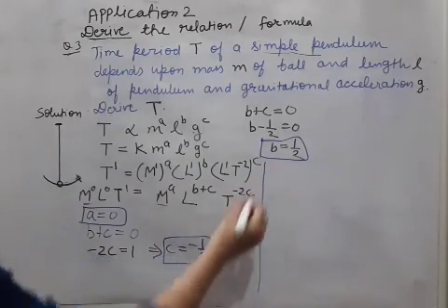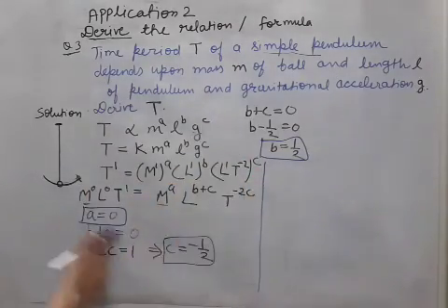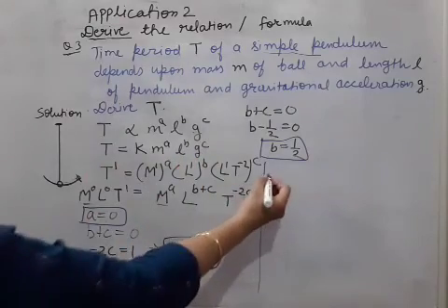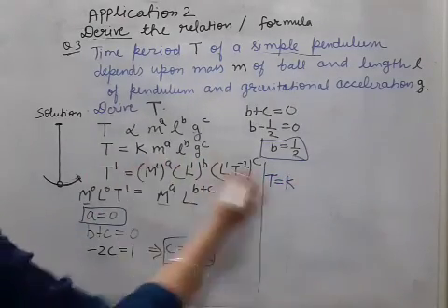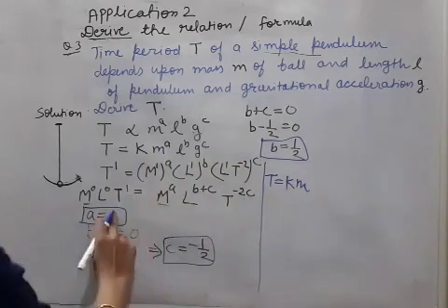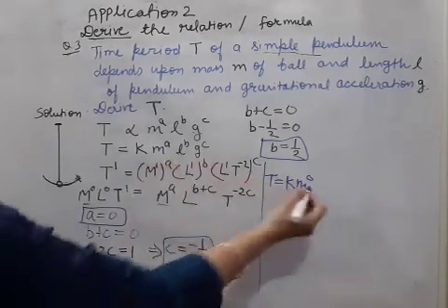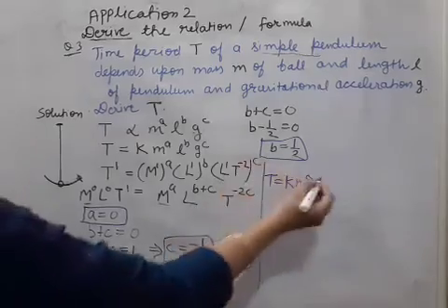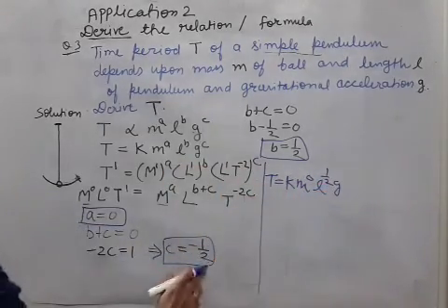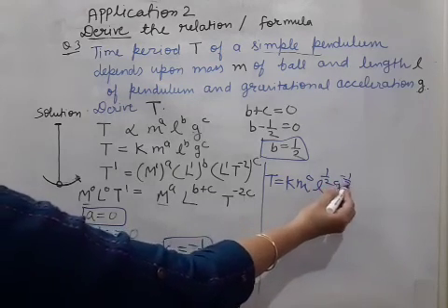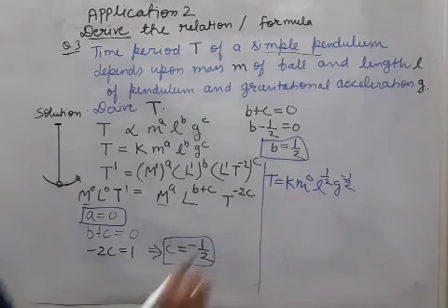Now the last thing is that we substitute these answers a, b, c in this formula. So T equal to K, M power a means 0, L power b, b means half, and g power c, c means minus half. Finally, this is our answer.